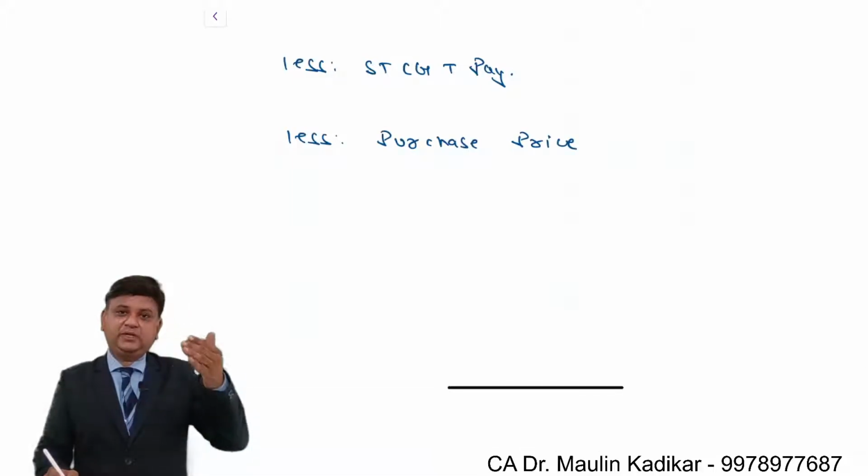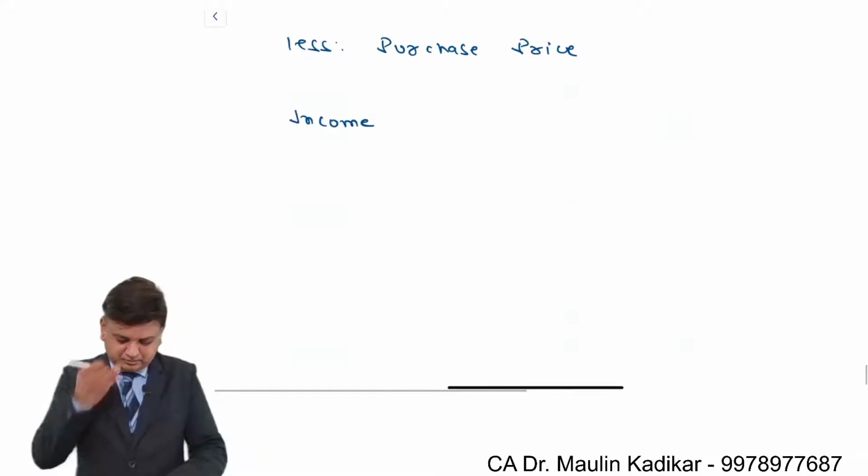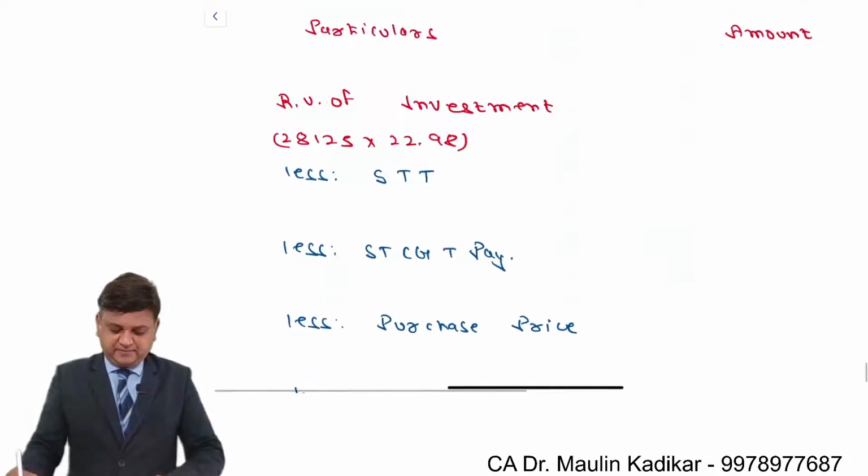Deducting all of them from the redemption value, we will get the income. This is what we understand.